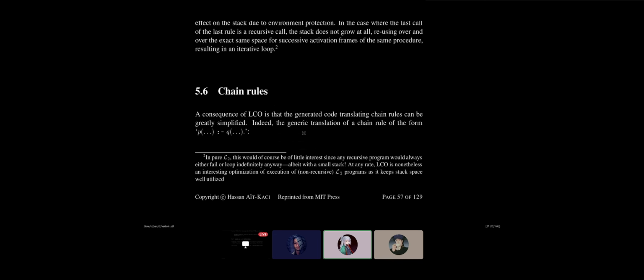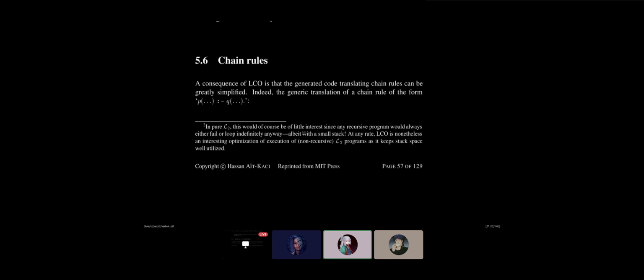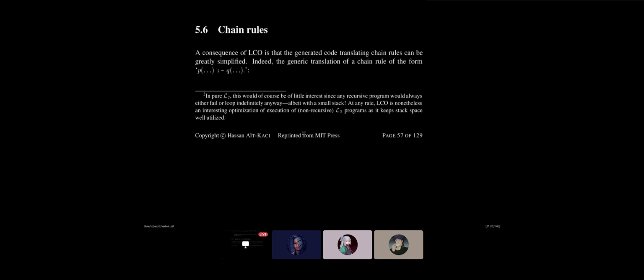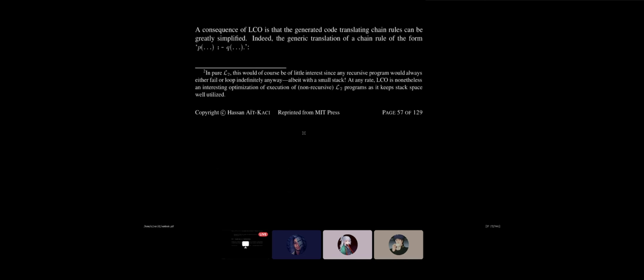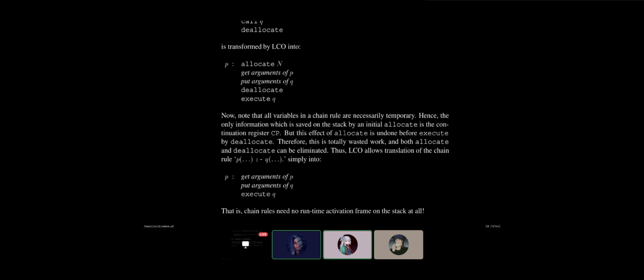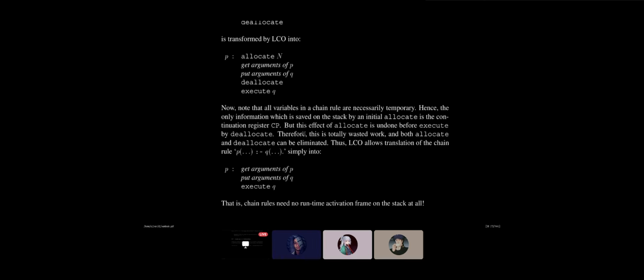Chain rules, generic translation of a chain rule of this form: allocate n, get arguments, put arguments. LCO turns that into this, which makes sense and is already the case. But that can actually be optimized into this, apparently.